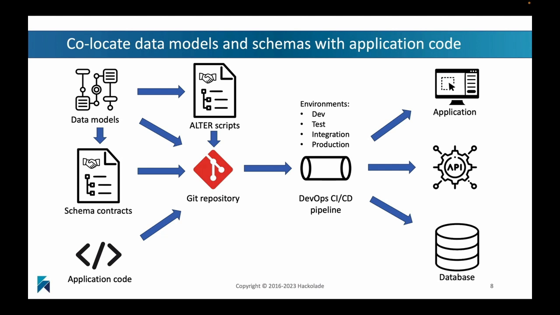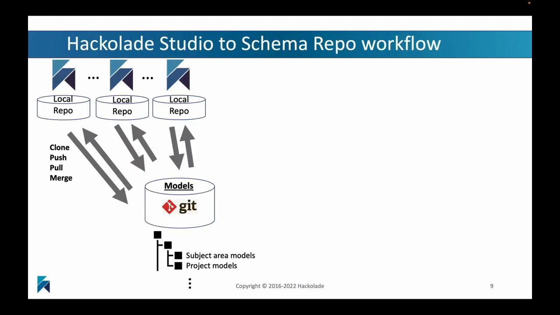They can also integrate things like automatic documentation generation. Right? All of that is now possible thanks to the fact that the models reside in Git. So what are you going to do? Well, all of us are going to be working in our local repos, right? The clones of the Git repository.